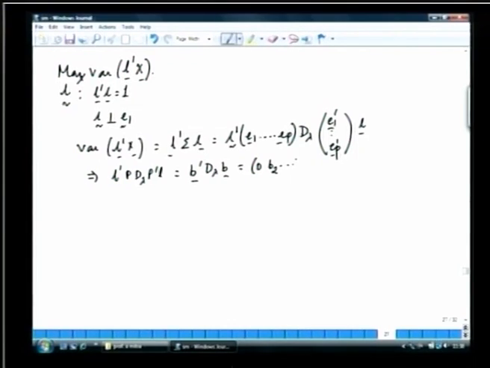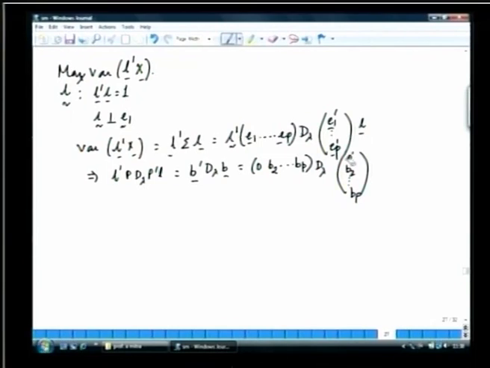because the only condition that I have is that L prime is orthogonal to E1, and not so with the other E vectors. So, I have 0 to B2 to BP, and then d lambda, and then I have the vector B2 transpose to BP transpose. These are essentially scalars.